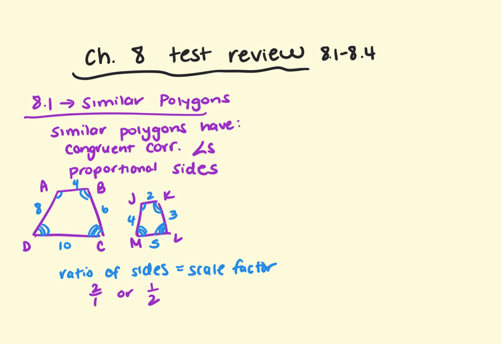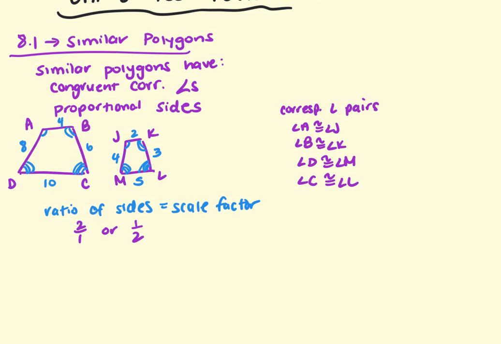It could also ask you for the corresponding angle pairs, which would be angle A is congruent to angle J, angle B is congruent to angle K, angle D is congruent to angle M, and angle C is congruent to angle L. It could ask you for the ratio of the corresponding sides.